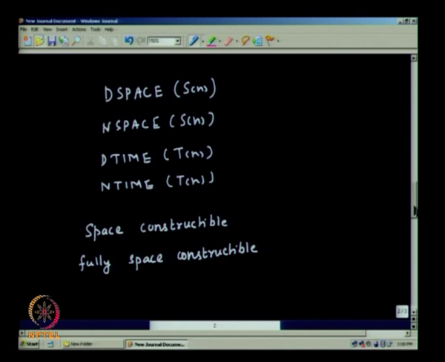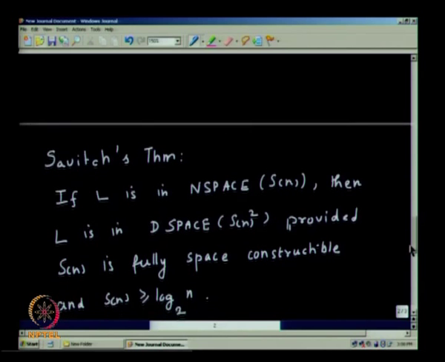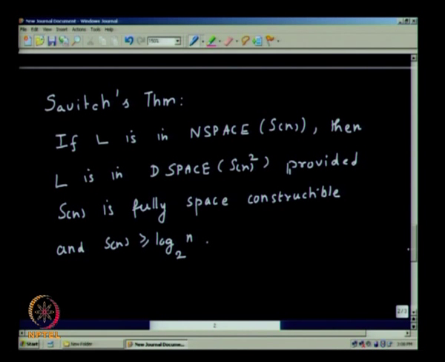Now, there is an important result which is known as Savitch's theorem. This brings out the connection between nondeterministic and deterministic space: if L is in N space S(n), then L is in D space S(n) squared, provided S(n) is fully space constructible and greater than or equal to log n to the base 2.